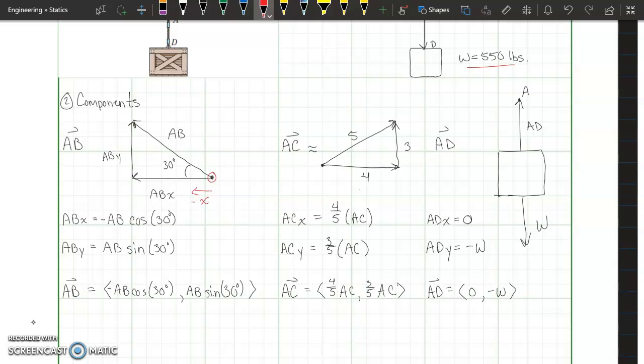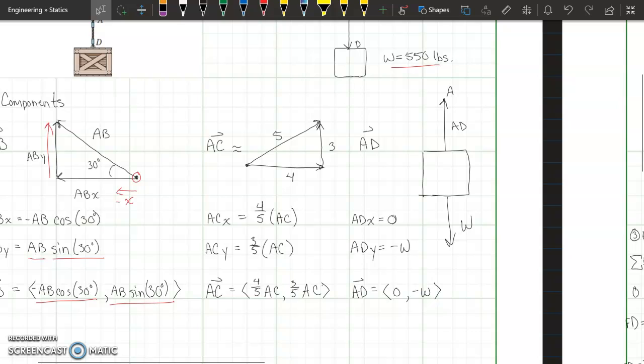That'll be negative AB cosine 30 degrees. Next, we'll do the same thing for our y direction. ABY will then be equal to the AB force times the sine of 30 degrees. In Cartesian form, AB is equal to negative AB cosine 30, comma, AB sine 30.